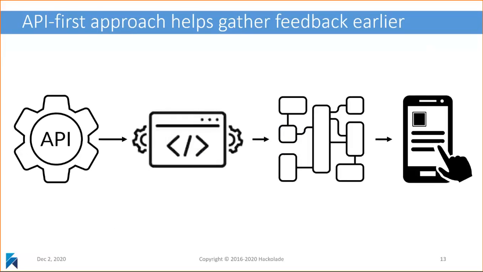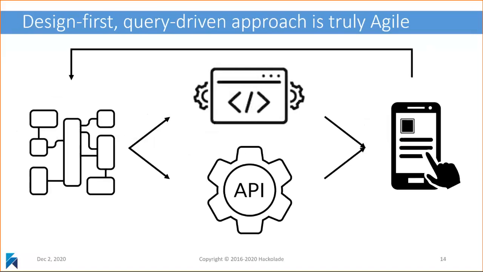So gathering the feedback at this early stage allows you to make easier changes before a lot of time and effort is sunk into the project. It makes the project more accessible to both technical and non-technical team members. So you can see that this process is already better aligned with the agile development principles of iterating rapidly.